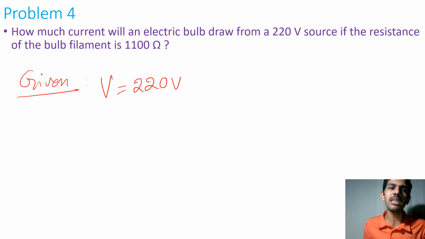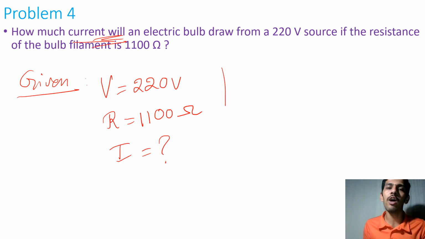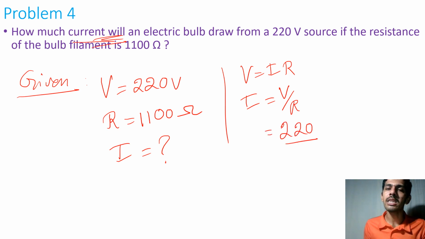If the resistance of the bulb filament is 1100 ohm, that is R is given, that is 1100 ohms, we need to find out how much current the electrical bulb will draw. That is, current I is equal to how much? So from Ohm's law, V is equal to IR, or I is equal to V by R. V is 220 divided by 1100.